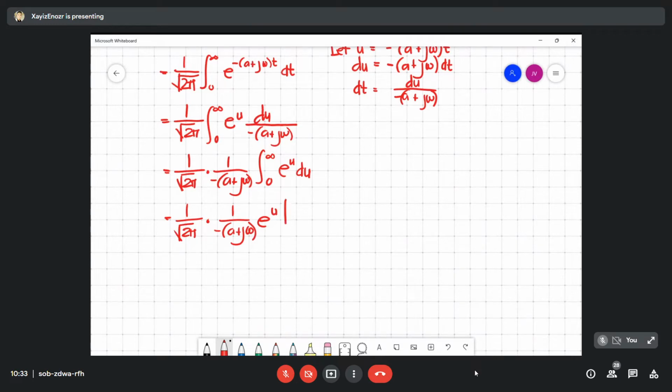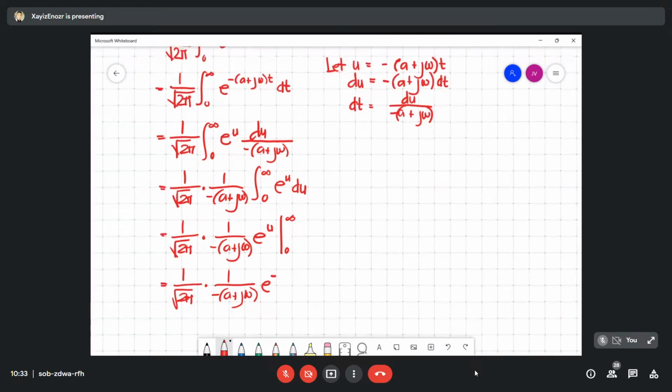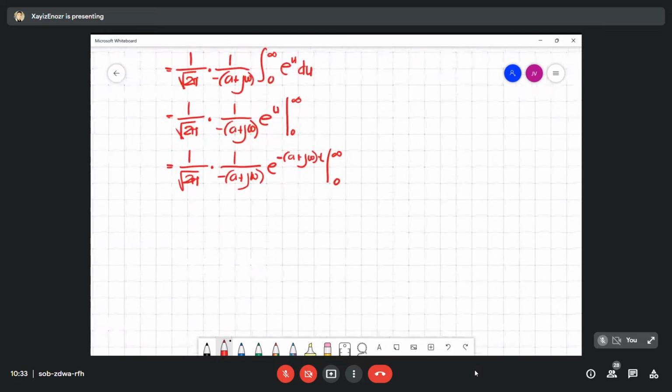From 0 to infinity. Then let's return the original variable t. So we have e to the negative (a plus j omega) times t from 0 to infinity. So let's evaluate from 0 to infinity.